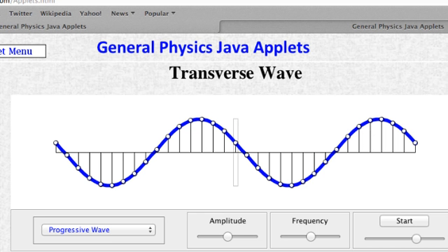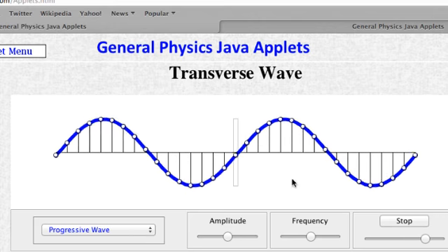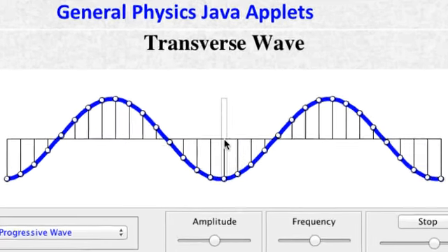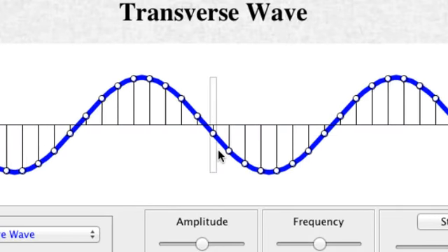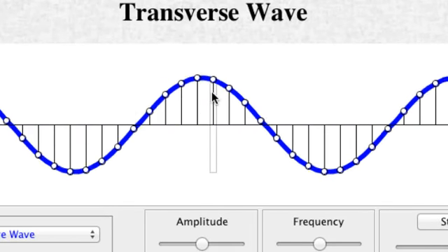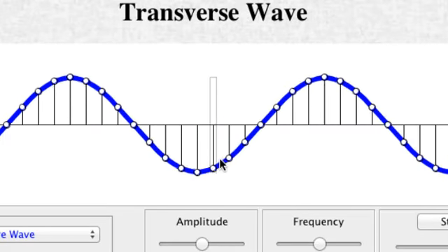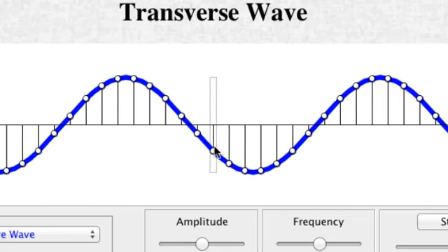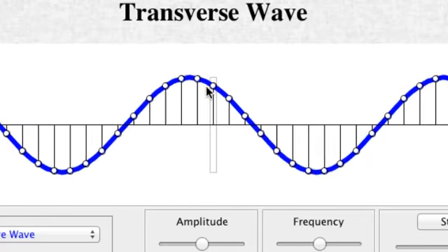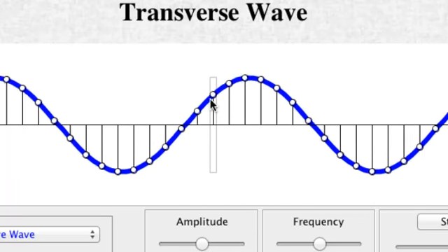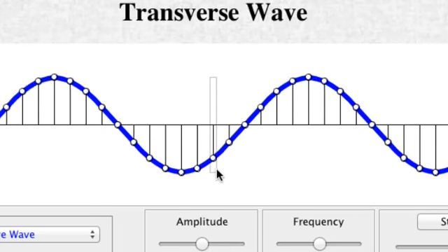If we're doing a displacement time graph, though, I'm going to focus in, say, on this material right here in the middle. And I'm going to graph its motion over some given time. Now, I'm looking at a particle at the same position. It's this position in the middle, and I'm graphing its motion over time.